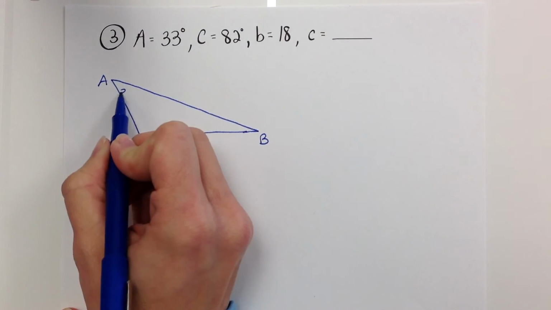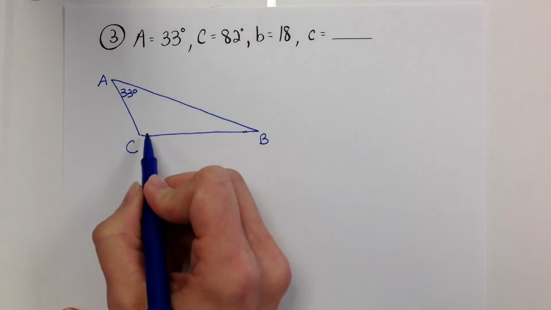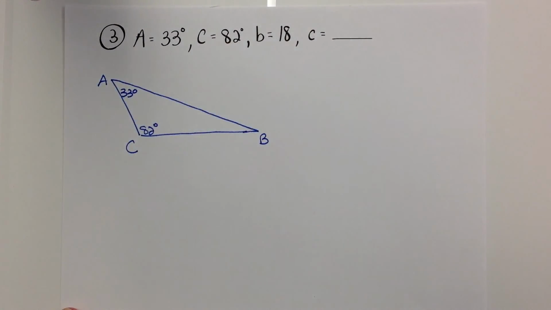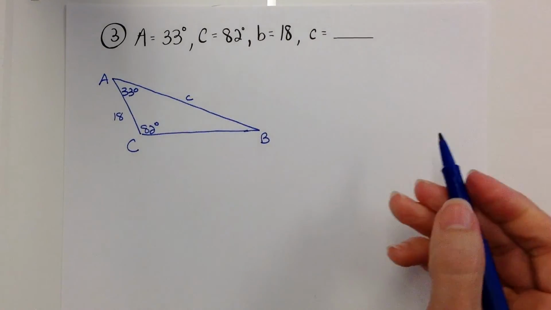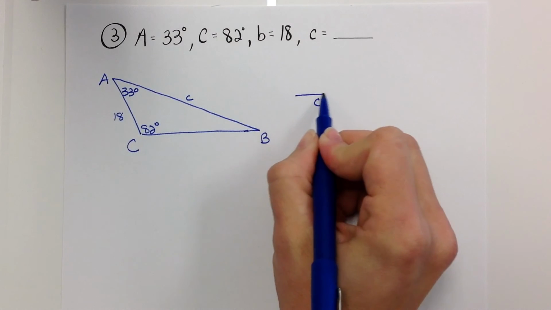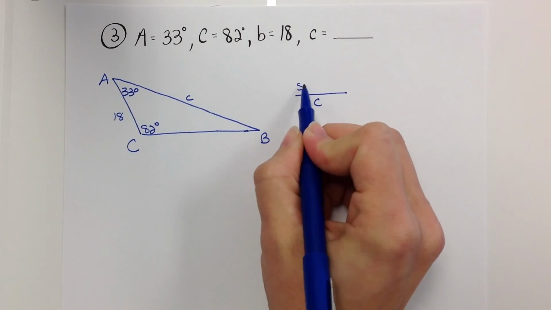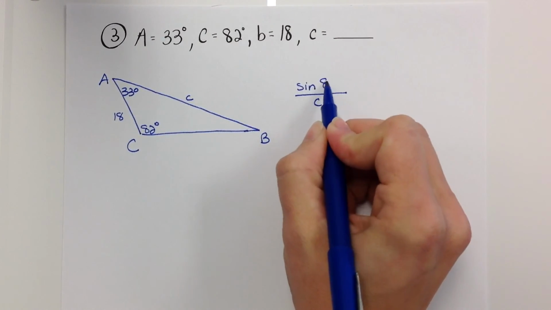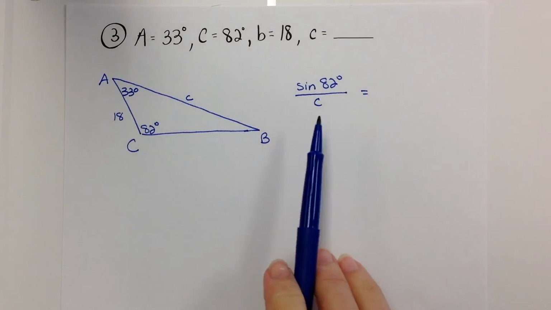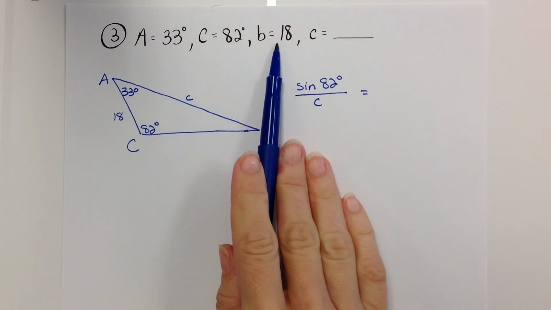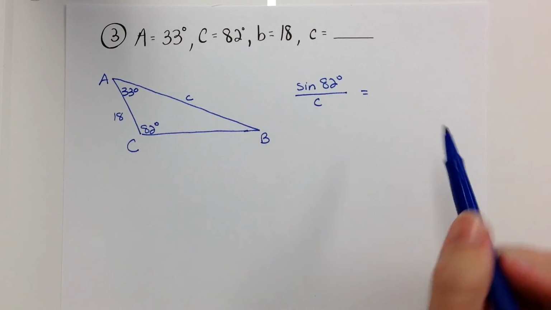Angle A is 33 degrees, angle C is 82 degrees, side B is 18, and we're trying to find side C. So for that ratio, I need sine of angle C, which is 82. The other side that you know is side B, which is 18.